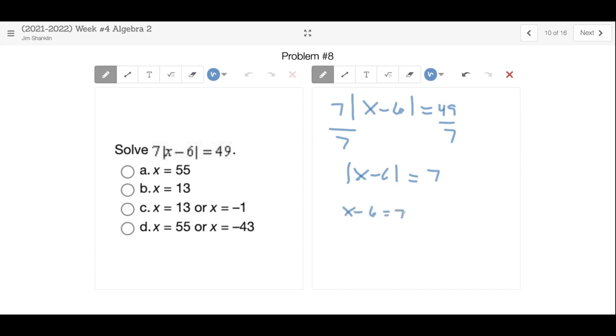X minus 6 equals 7, or x minus 6 equals negative 7. I'm going to add 6 to both sides here. X equals 13. Or I'm going to add 6 here. X equals negative 1. So I'm going to go with 13 and negative 1 for my two solutions. Does that make sense?